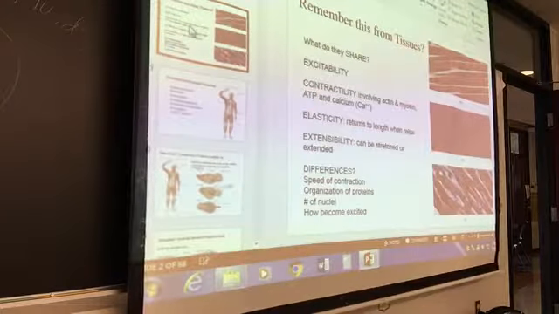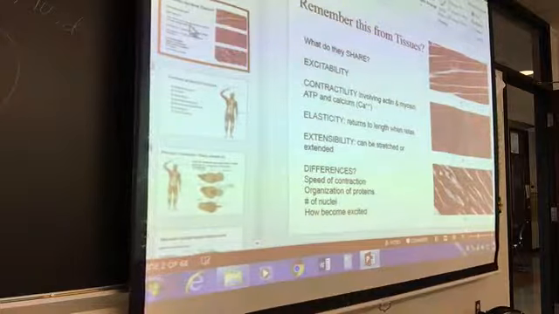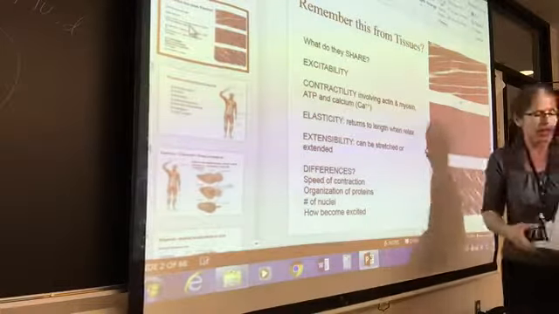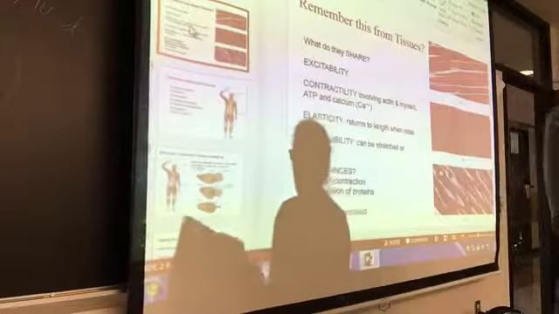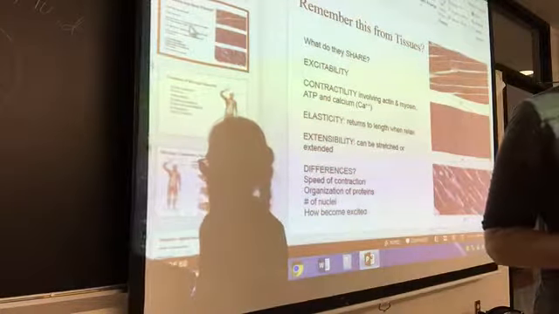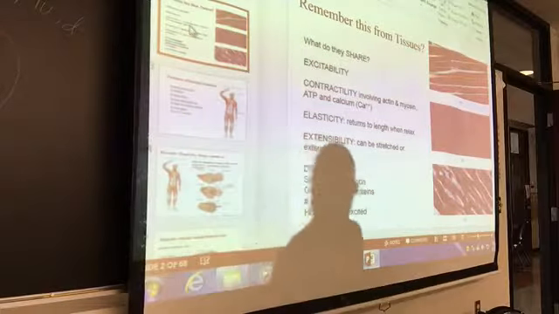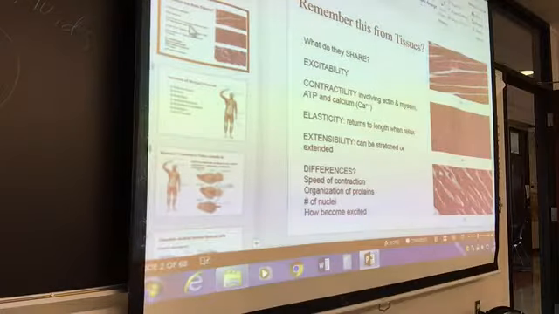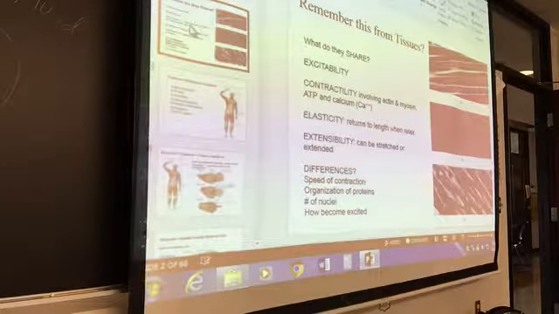Skeletal muscle is only going to be responding to a motor neuron. Pretty much, that's their relationship. And that's where we get the motor units. Cardiac muscle and smooth muscle actually contract for other reasons besides the nervous system.